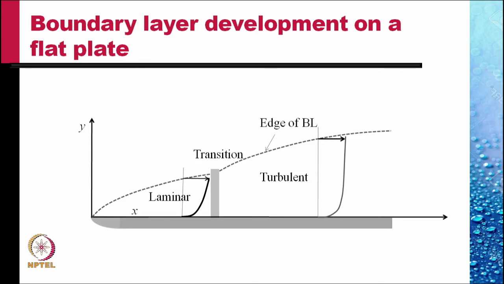As the distance along the plate increases, the value of x increases, the Reynolds number Re based on x increases, and at a value of about 5 into 10 to the power 5, the boundary layer becomes unstable and becomes turbulent.